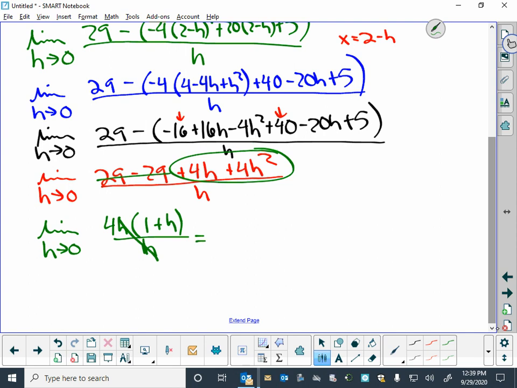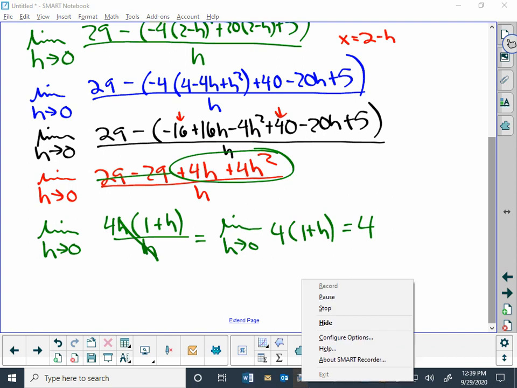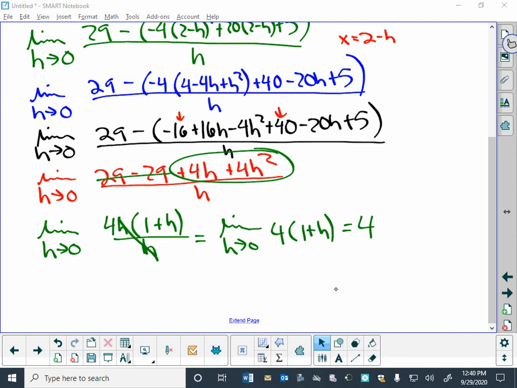That simplifies, and now my problem looks like the limit as h goes to 0 of 4 times 1 plus h, which now doesn't have a division by 0 problem. This is just 4 times 1, which is 4. And that should be the instantaneous rate of change of this projectile at 2 seconds.